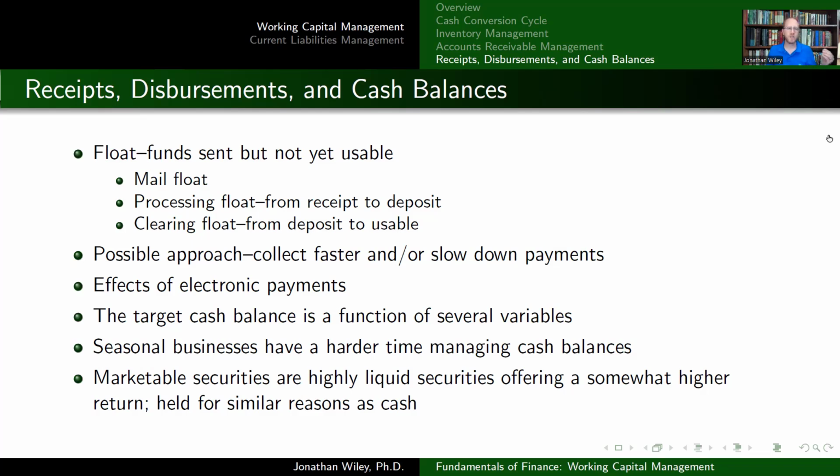And your bills may fluctuate a little bit as well. And so if your bills are fluctuating and your income is fluctuating, it can be a lot harder to predict essentially and to manage to stay at that particular target cash balance. Businesses, it's the same basic idea. The more predictable their cash inflows or receipts and disbursements are, the easier it is to stay at a target cash balance.